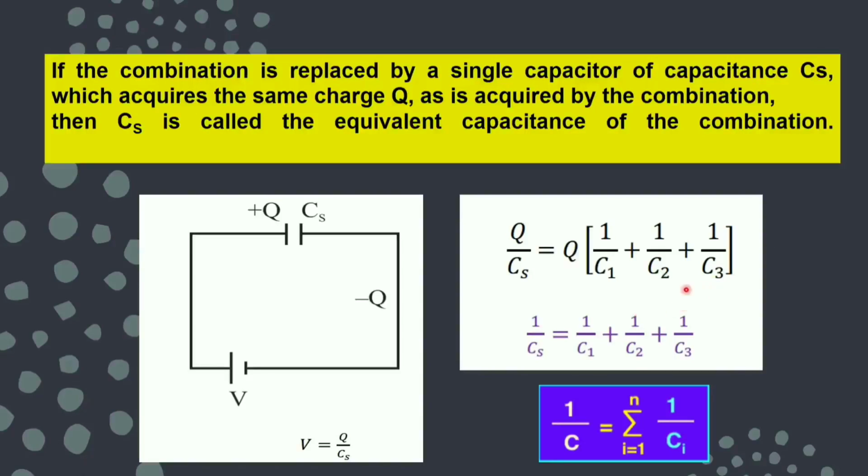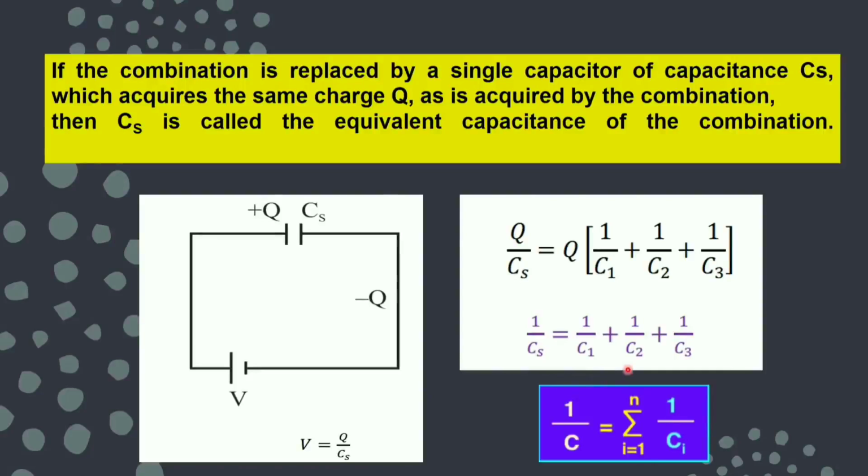So Q is going to get cancelled on both sides, and I am left with 1 upon CS equals 1 upon C1 plus 1 upon C2 plus 1 upon C3. This is the same result you have done earlier for parallel resistances. So keep in mind that this is for series, just opposite to the case of resistances done earlier.